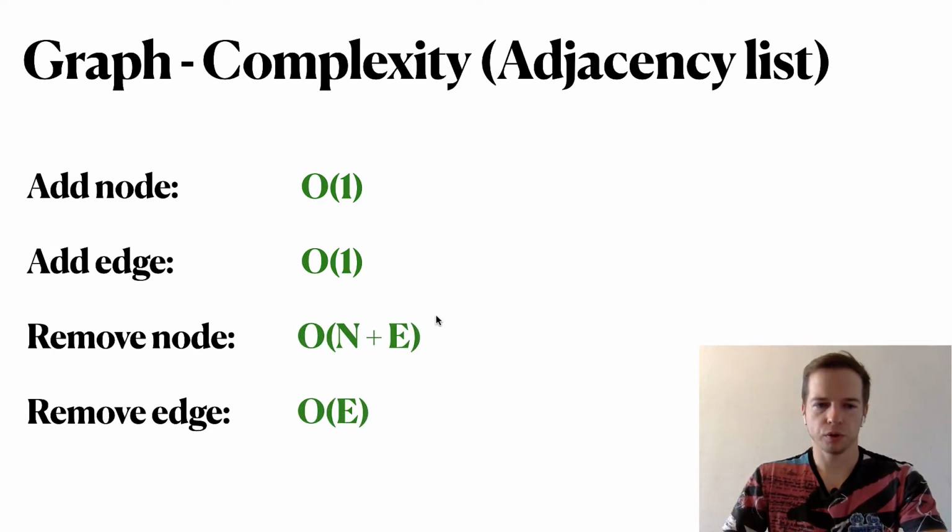To remove a node and to remove an edge, it will be more complex. If we want to remove a node, we first need to remove the node and its edges, and then check every other node if it's connected to the node we want to remove. So we'll have to check all nodes plus all edges. To remove an edge, we just need to check edges because we know the node that we are working with.